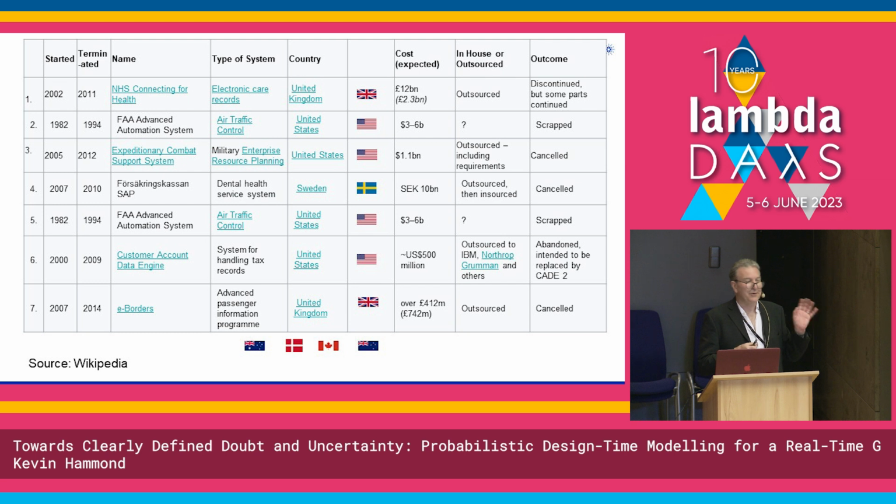But we're not unique. You can see the US has a very good showing. Sweden has a good showing, John, Mary. But amongst the top 20, there are also valiant efforts by New Zealand, by Denmark, by Canada, and by Australia. So there is no uniqueness to failed software projects.